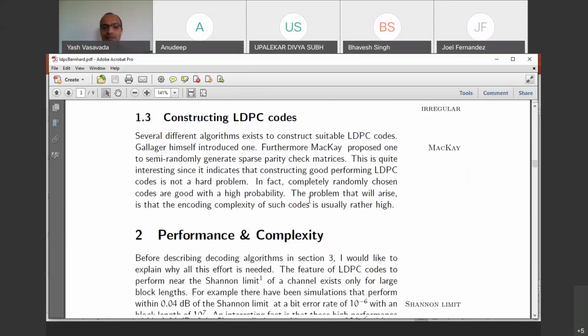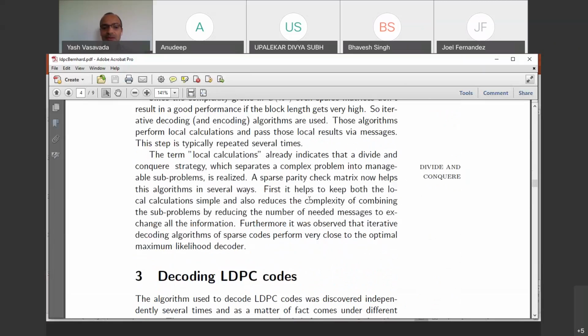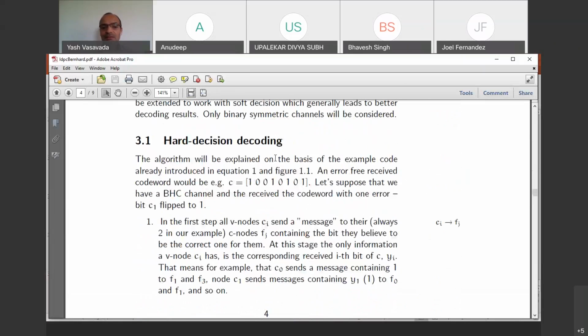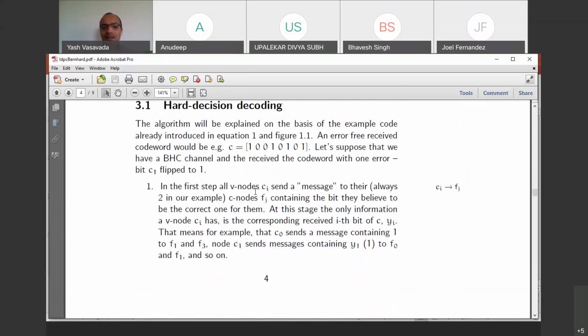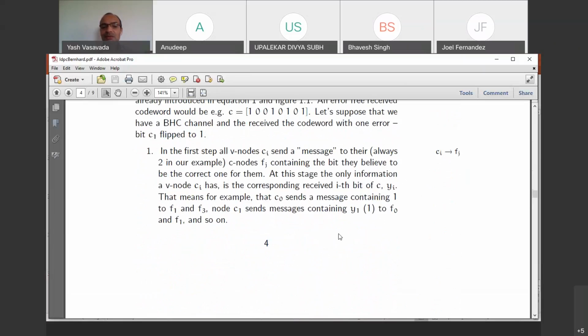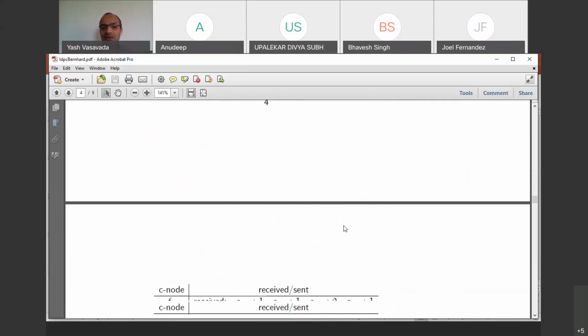He has described the hard decision decoding scheme, and that hard decision decoding is very similar to what we were looking at in terms of the product codes, in terms of the graph.